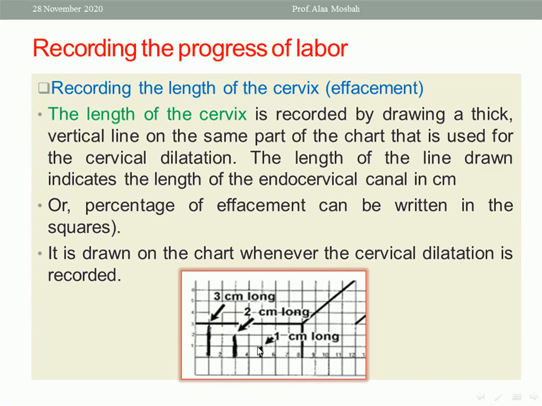Or you can use the percentage of effacement, like 25% effacement, you write it inside the square, or 50%, or 80%, or 100% effacement. This is as regards the effacement of the cervix. You can record it on the partogram also.